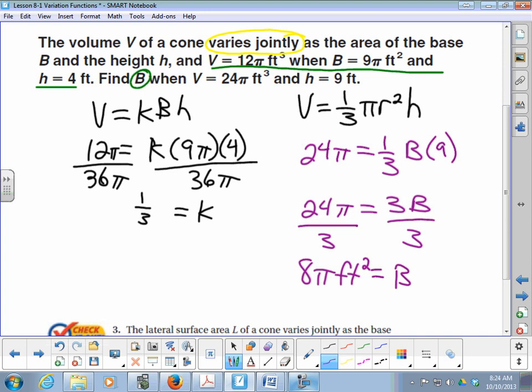So here's the big question for you. Let me rewrite this. What's the radius of that cone?